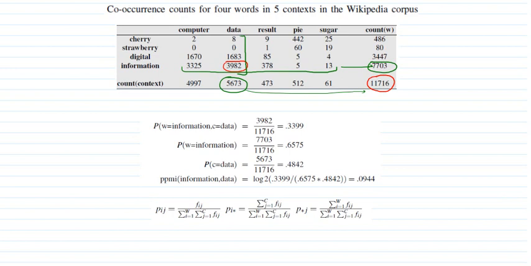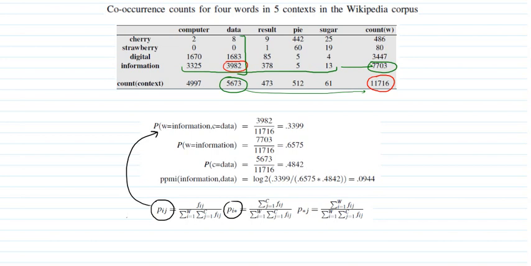So I can relate all these here. So this Pij is actually the P of W comma C, Pi star is P of W and P star j is P of C, the context, right?